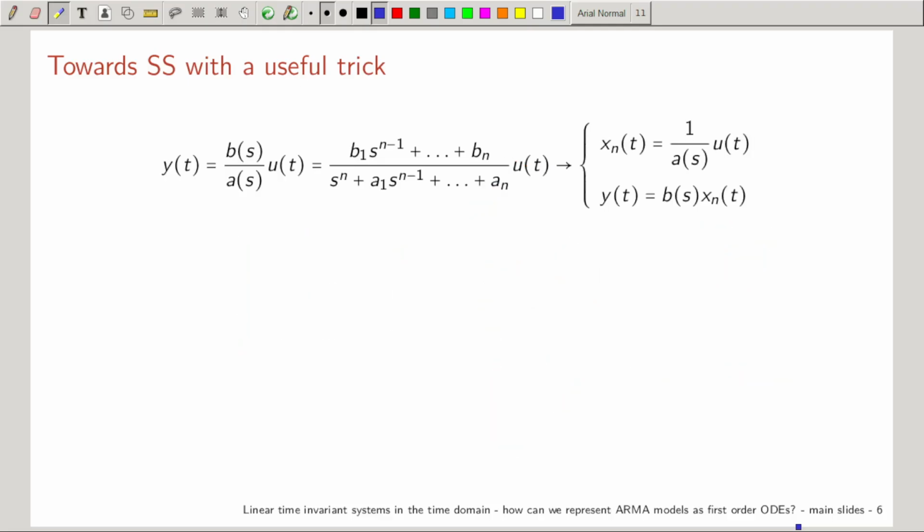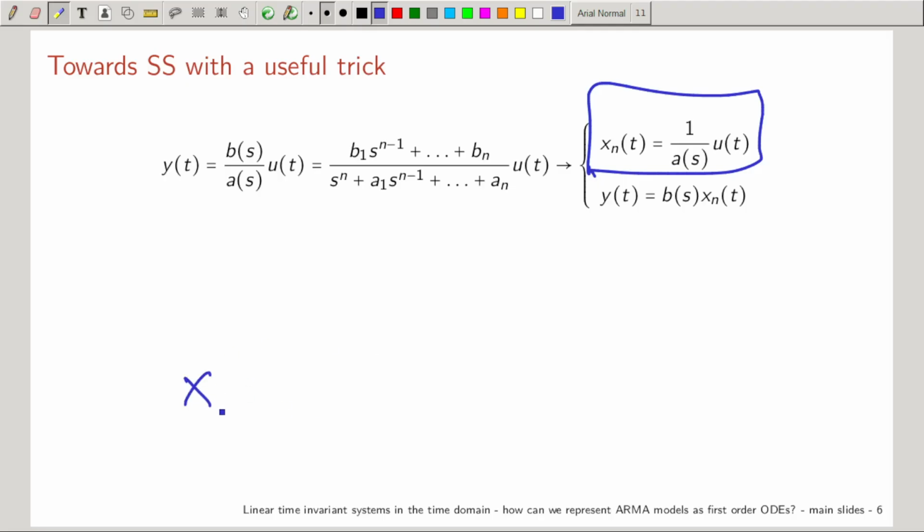It's very interesting. We generate a variable xn that is going to represent my ARMA part, or better, the autoregressive part of my ARMA. Whenever I write this stuff here, what am I writing?